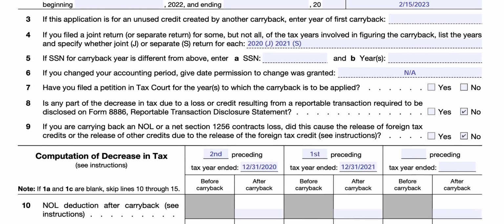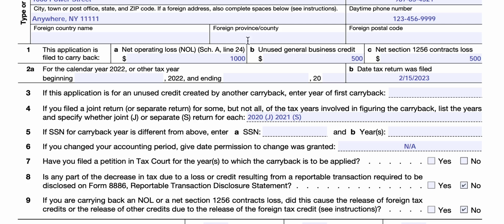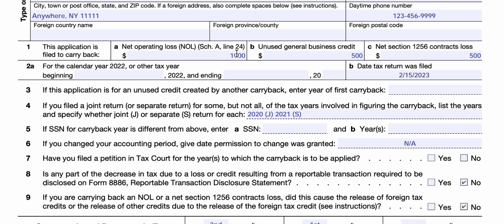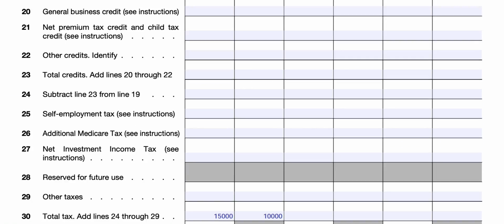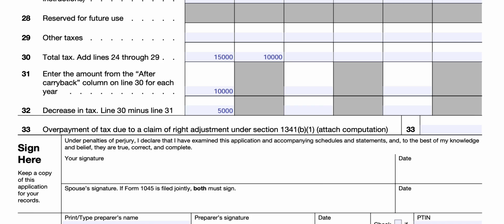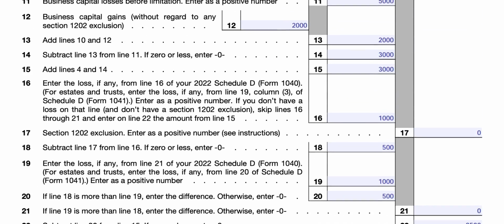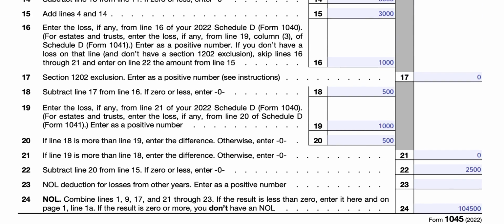That would be the number that you actually use for line 1A. And then you use that number to inform the rest of the carry forwards. In this case, since this number is greater than 0, you don't have a net operating loss.